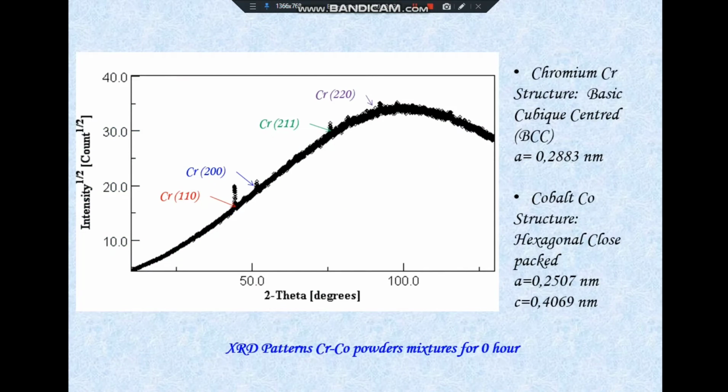Here we have the XRD pattern of the chromium cobalt powders mixture for 0 hour. As we can see, there are peaks of chromium in the planes 110, 200, 211 and 220. There is also some crystallographic information about chromium and cobalt.